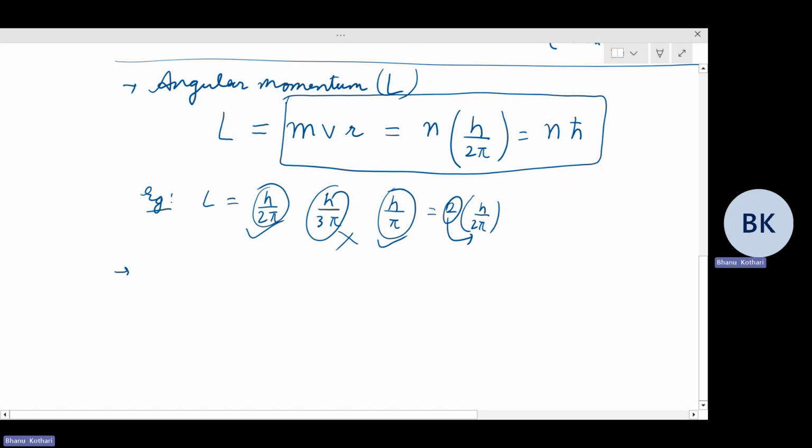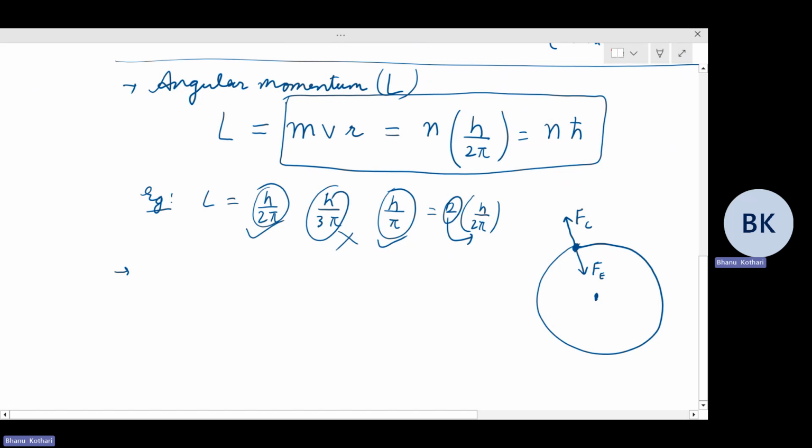So the electron is basically traveling in a particular orbit, and it is feeling some attractive force towards the nucleus, and due to the circular motion, it will feel the centrifugal force. We call it Fc, and this is the electrostatic force of attraction by the nucleus. We call it Fe.